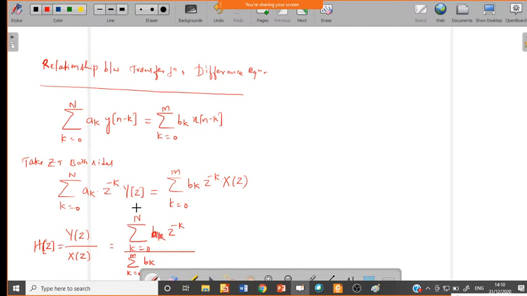This is bk and this is m, and here it is n and this is ak. So this ratio gives y of z by x of z.